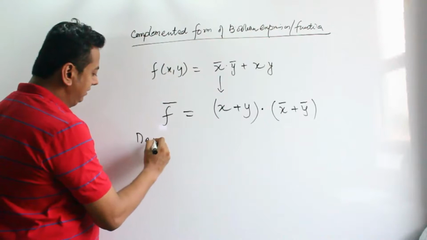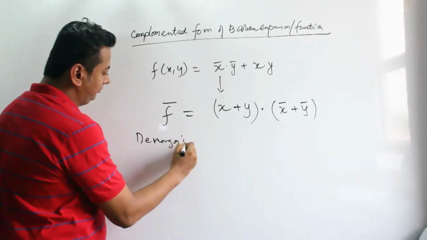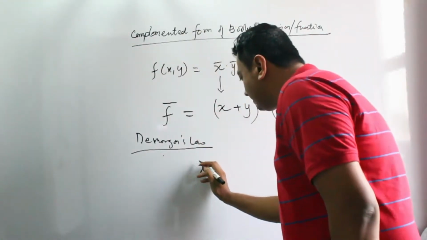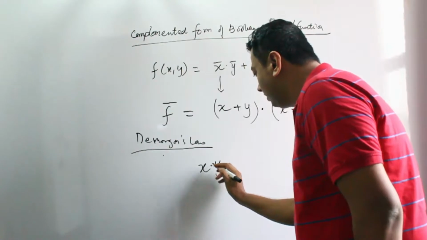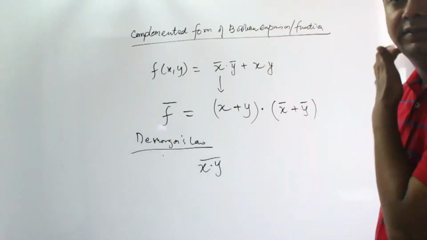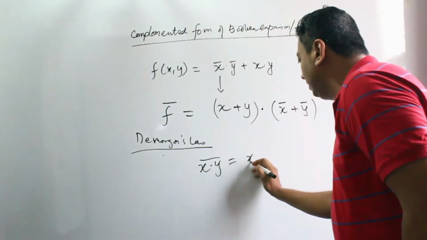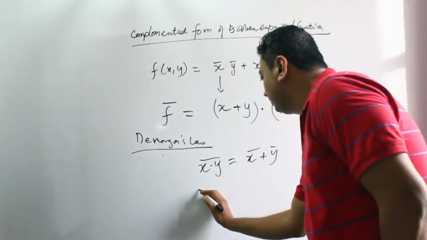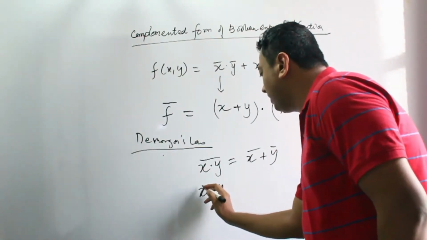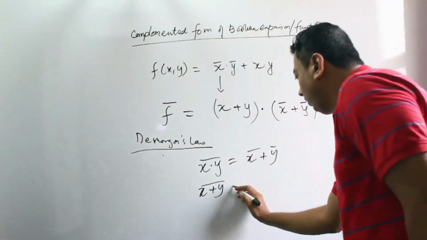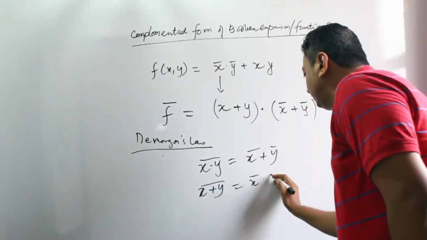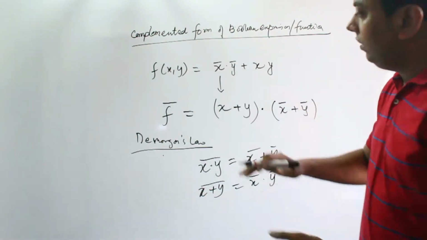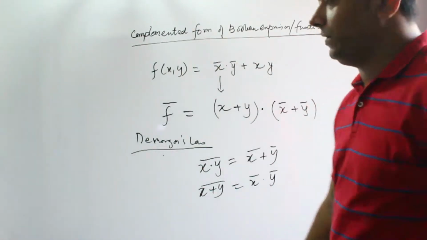Now what is DeMorgan? DeMorgan's law: if you have x dot y, not, this will be equal to, right? If you have x plus y and you are doing not, what is this? X not. So basically in DeMorgan's law, you always compute the complemented form of that expression.